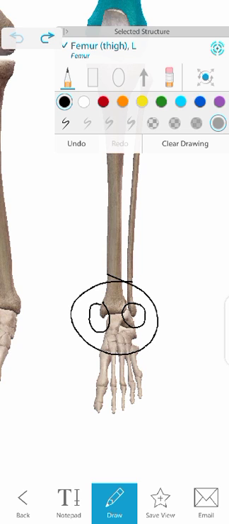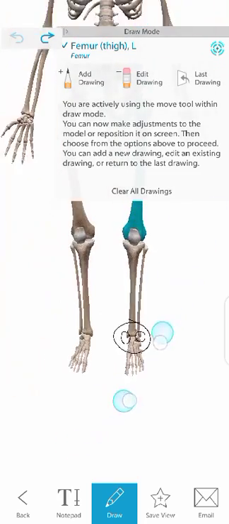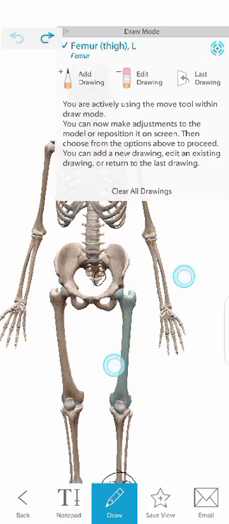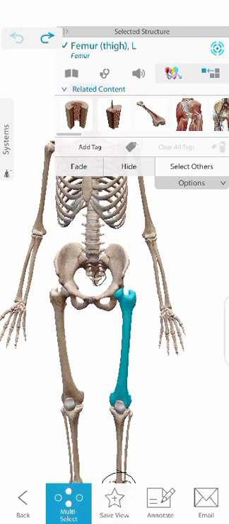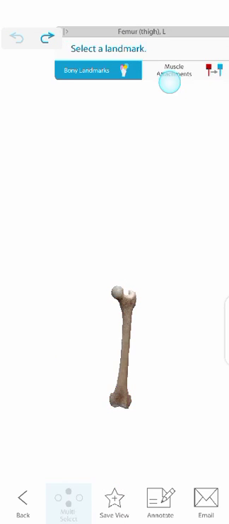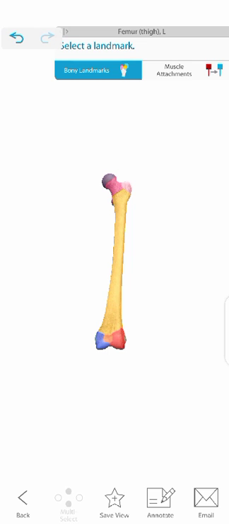Now the next one we want to look at is line. We might have to isolate our femur again. A line is also an elevation.